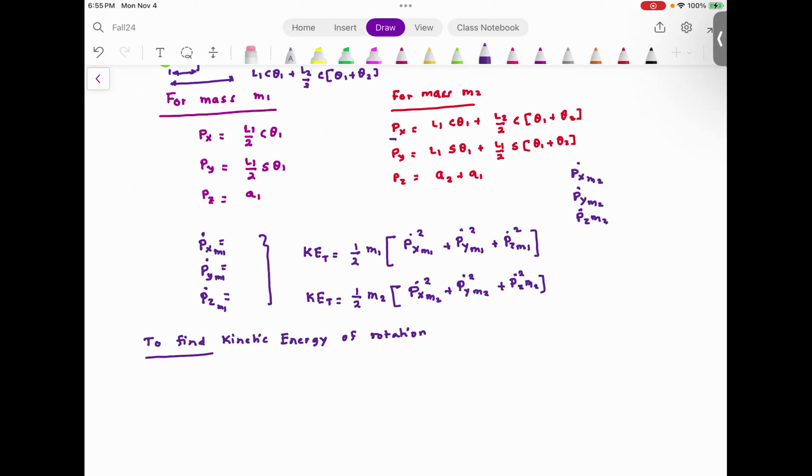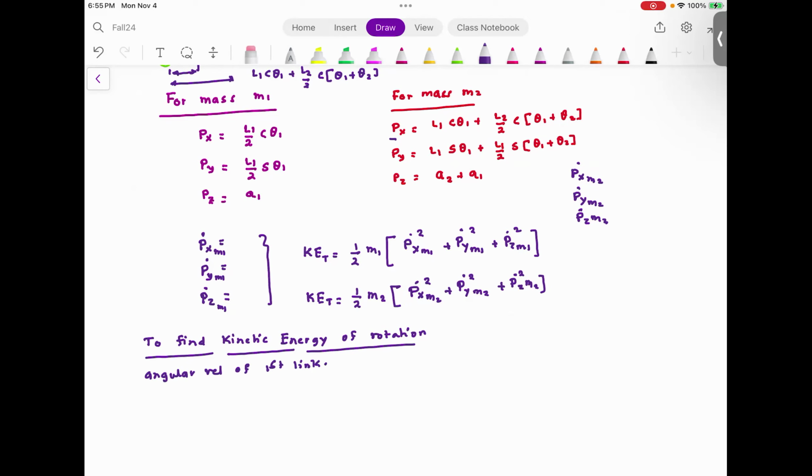we need to find out angular velocity of the first link.